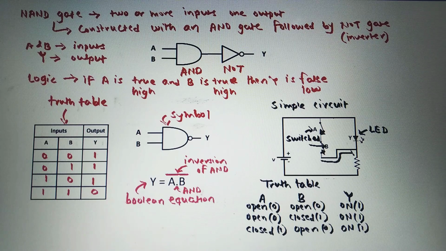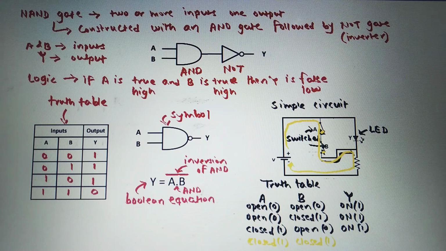Now we will take the fourth combination, that is if switch A is closed, that is binary 1, and switch B is also closed, that is binary 1. So as switch A is closed and switch B is closed, now the current will flow from positive terminal of battery through this switch A, as this switch is closed, through this switch B, through this path here, through this resistor to the negative terminal of battery here.